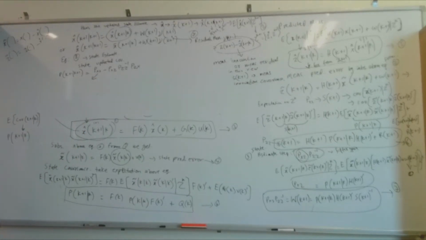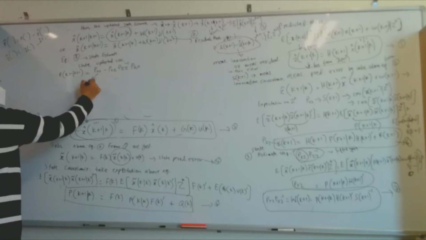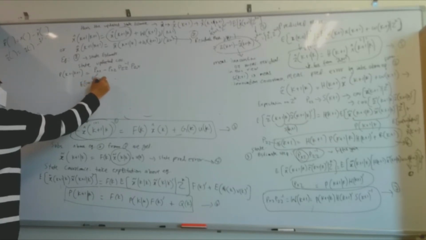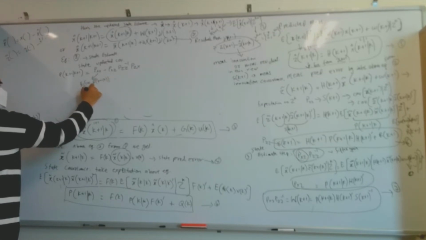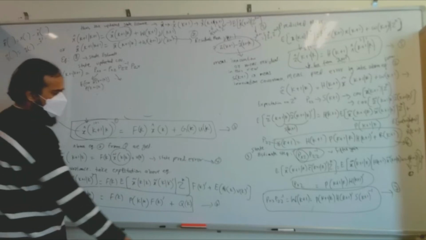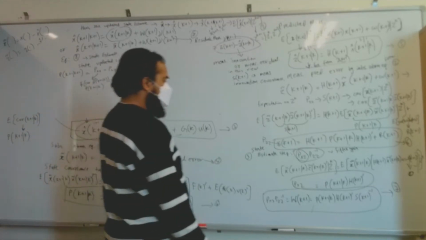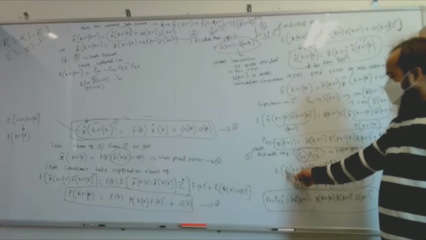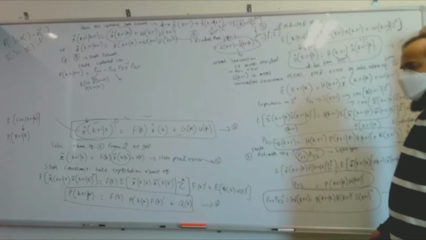Okay, so here this guy is the expected value of this thing, and this guy is the cross covariance of the state and the measurement error.